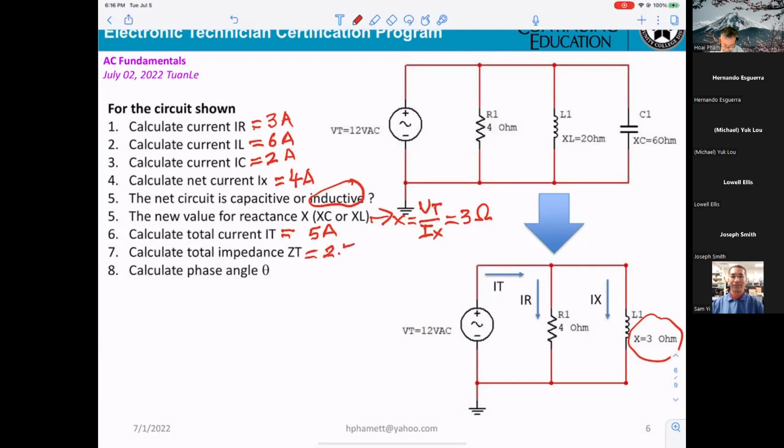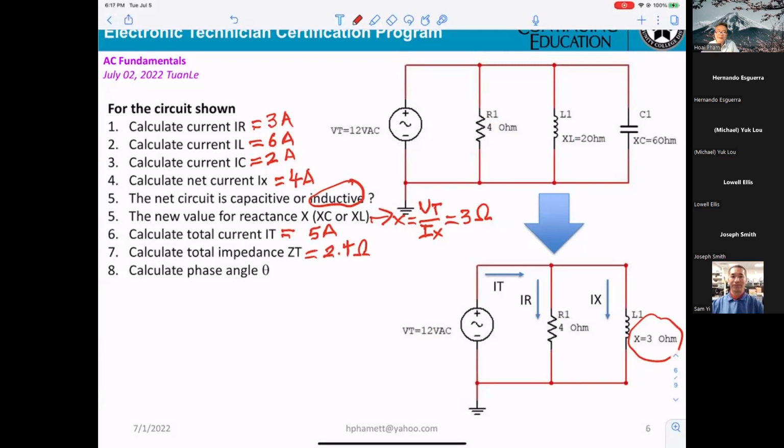Anyone get the same? Let me know. How do we calculate the total impedance? Voltage divided by the total current. Exactly.